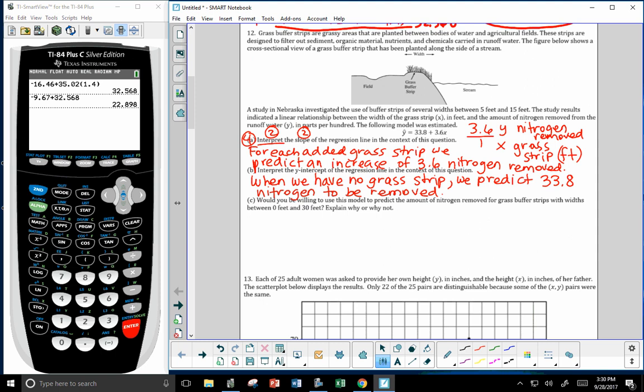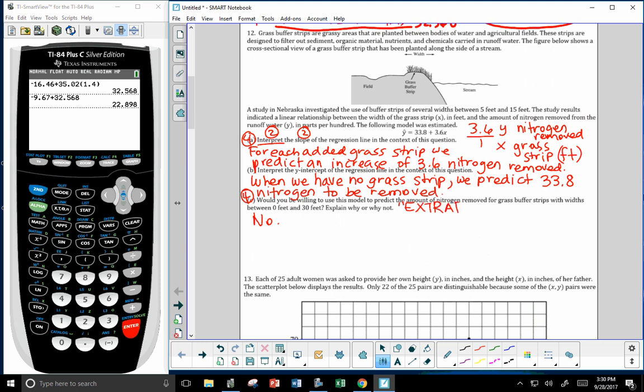So what we would want to say is this is extrapolation beyond the range of data from the experiment. They only studied from 5 to 15 feet.